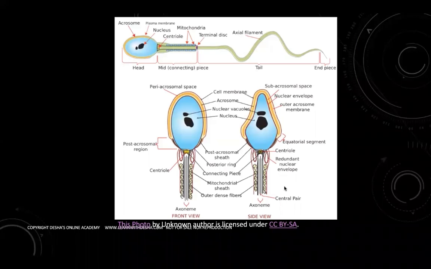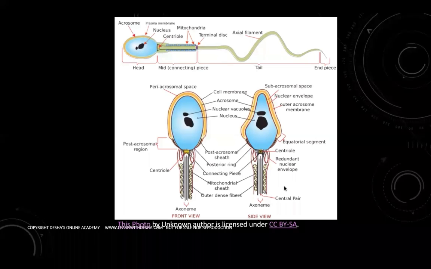In addition to knowing the anatomy and physiology of the male reproductive system, you want to familiarize yourself with its structural unit. It is called the sperm. So you want to know how to draw the sperm and annotate the various parts. Sperm has a head which contains the nucleus, and we know that the nucleus contains 23 chromosomes.